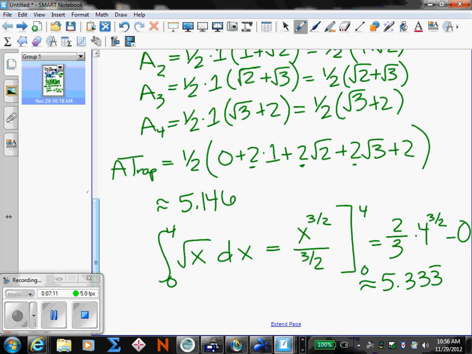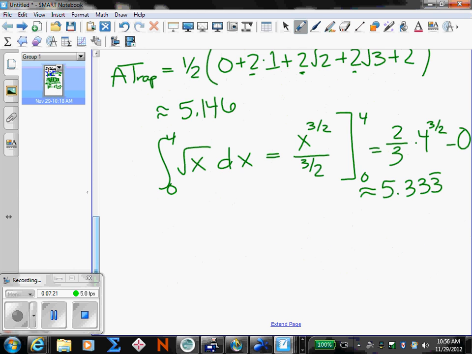So the actual area is still a little bit larger than what the trapezoid's area is, but it is a pretty close approximation.